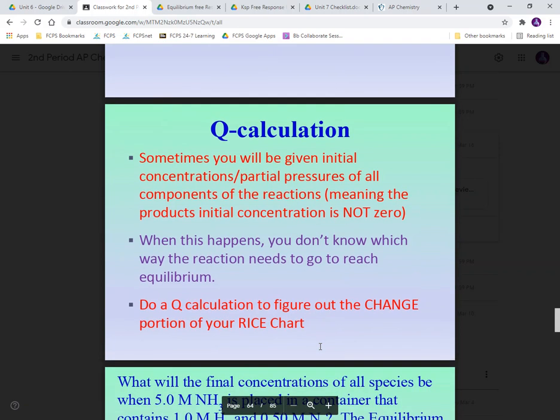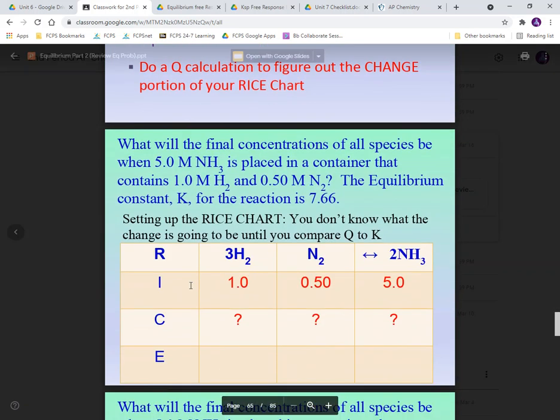Then the Q calculation. This is the one that was in the chat. If they give you initial concentrations for all of them, or initial pressures for all of them, you have to do a Q calculation, which is basically just plugging the initial ones into the K expression, and you're really calculating Q. Then you compare the K to the Q to decide which way it's going to proceed to get to equilibrium.